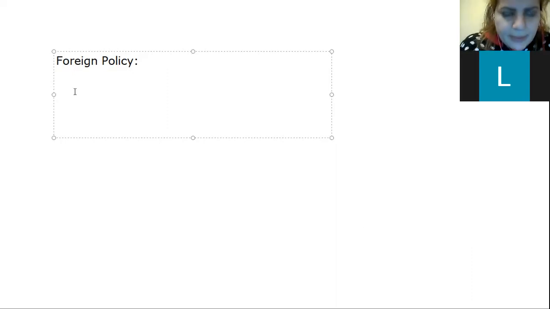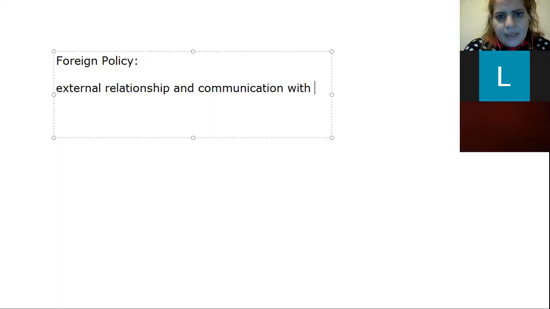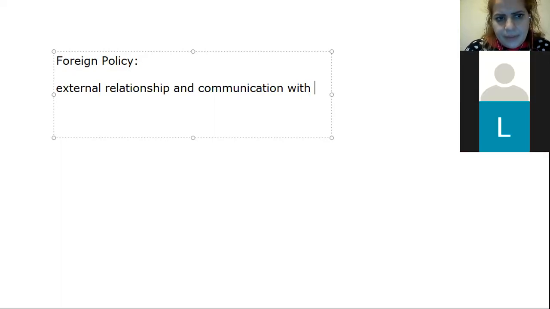Number one, the first characteristic is that it is external relationship and communication from the government, so outside the government.